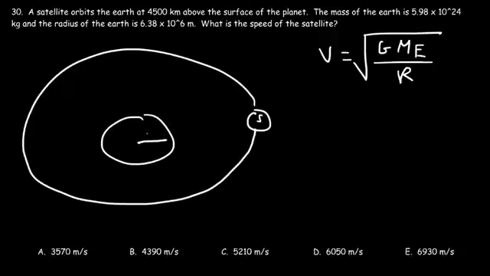So this is the radius of the Earth. Let's call it lowercase r. And this is the height of the satellite above the Earth's surface. So this r is the sum of little r and h. So it's the distance between the center of the Earth and the center of the satellite.